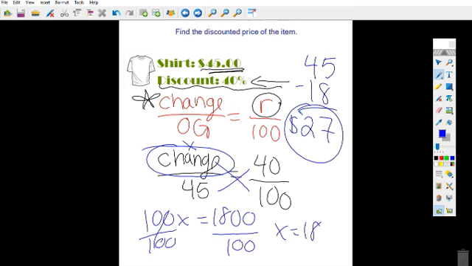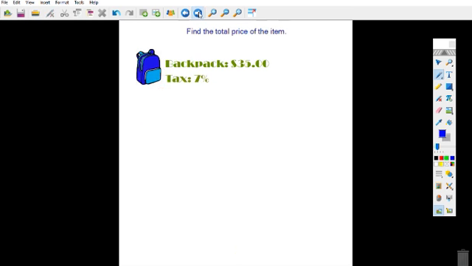Okay. I know that's a lot. Let's practice it again. All right? Our backpack is $35. That's the original price. It goes on the bottom. We know 100 is always going to go on the bottom. We are trying to find the change.